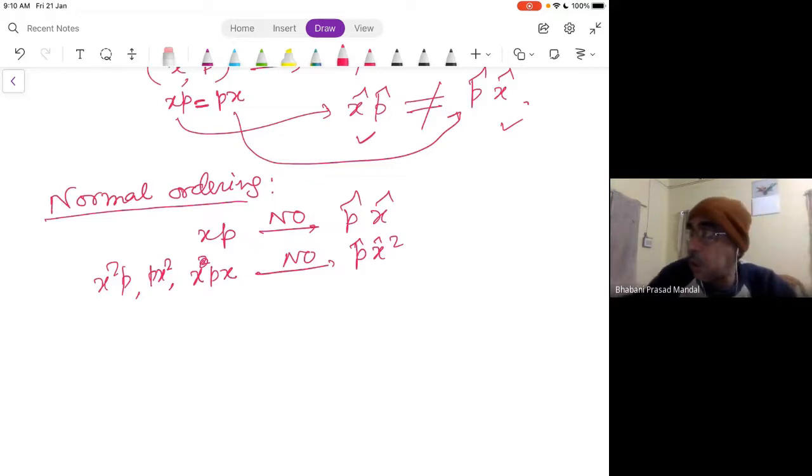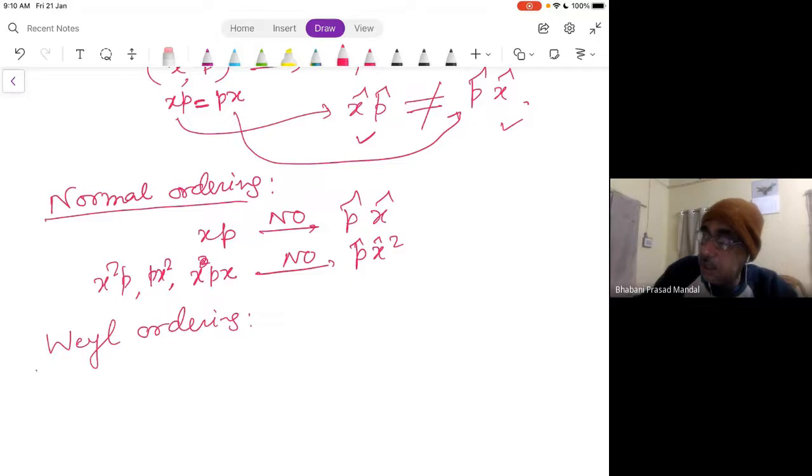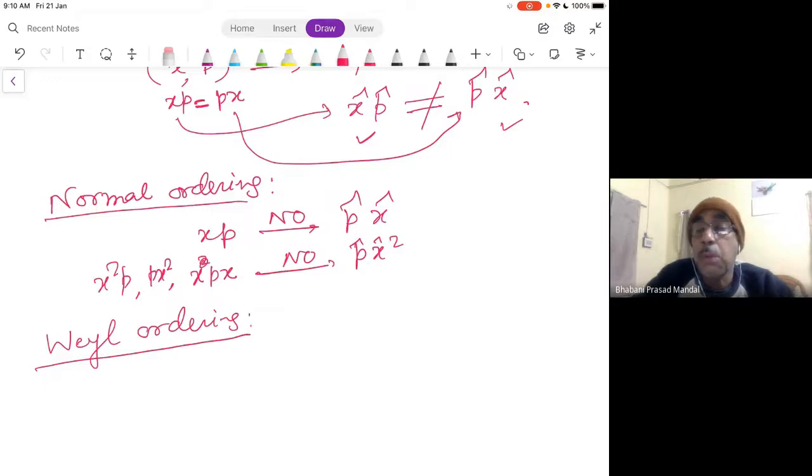But some people can argue, why should p be on the left, why not x? So this is of course an ordering, but it is not a very popular ordering. There is another ordering which is called Weyl ordering, and this is better in the sense that it is much more democratic; it doesn't pay any bias to p or x.